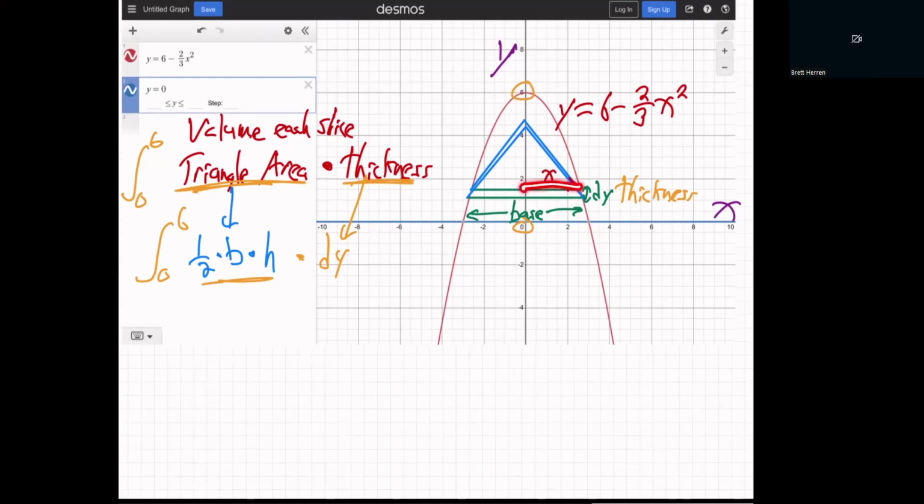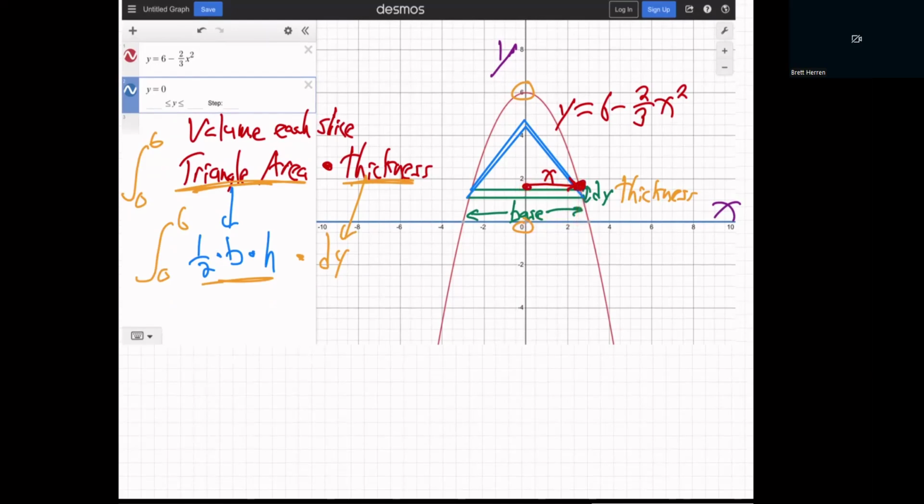From the origin over to the graph, that's x. From the middle over is x and up is y. So X is the distance from the middle over to a graph, and y is the distance from the middle up to any point on the graph.